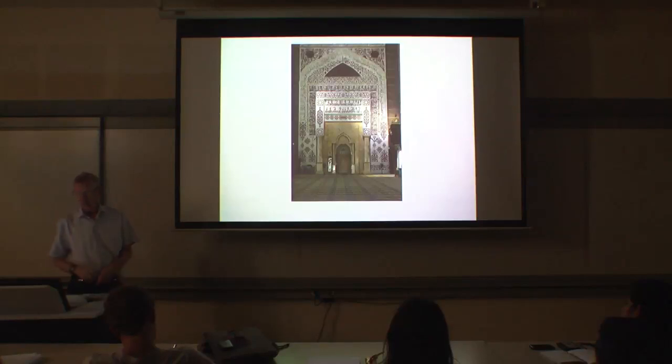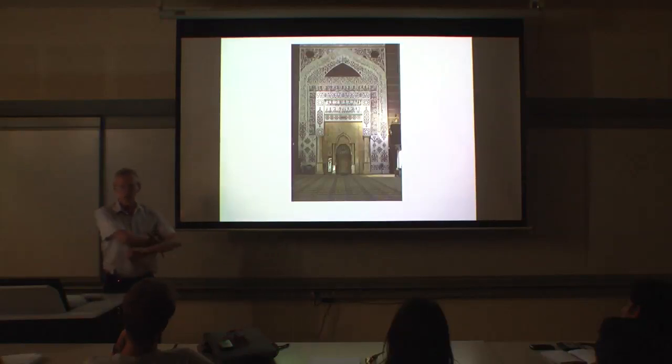And then the mihrab itself, which has some impressive kufik and naskh, but it's a little bit strange compared with earlier mihrabs that we've seen with these combinations of arabesque plus inscription. What's different about it?